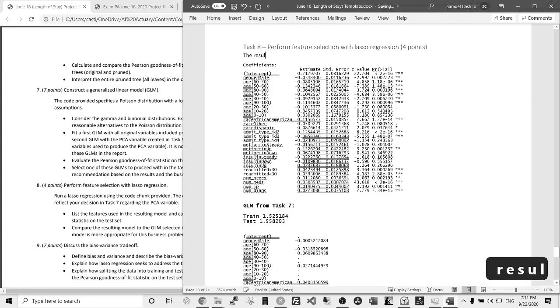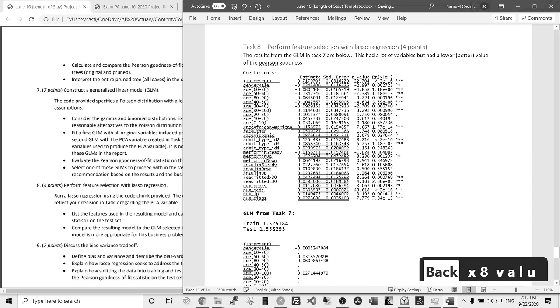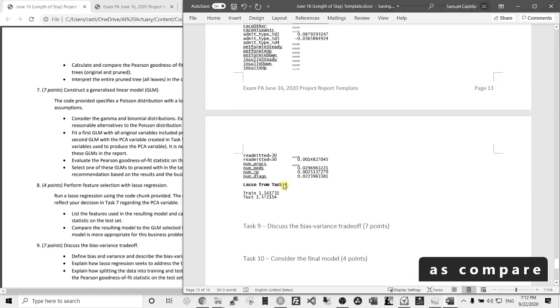So the results from the GLM in Task 7 are below. This had a lot of variables, but had a better value of the Pearson goodness of fit stat, 1.56, as compared to the lasso, which had a value of 1.57.